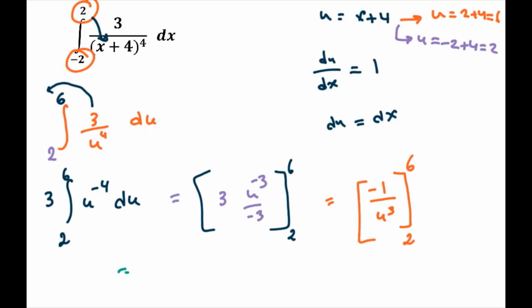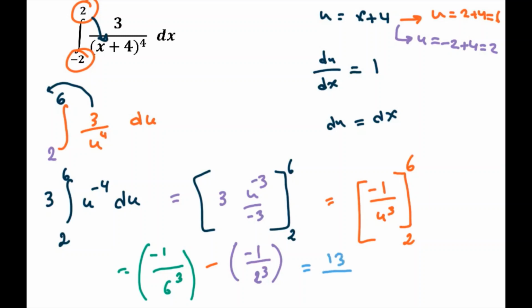That's going to be equal to F(6) minus F(2). That's going to be negative 1 over 6 cubed minus negative 1 over 2 cubed. And that's going to be equal to 13 over 108.